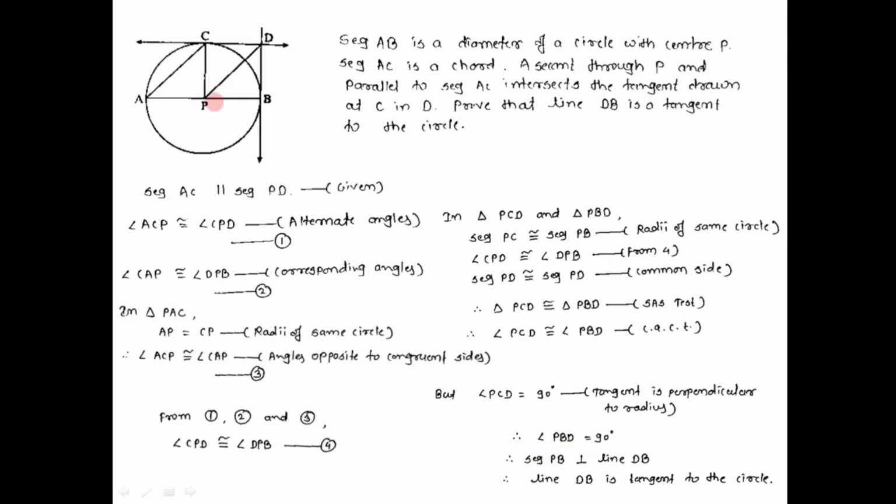That means segment PB is perpendicular to line DB, and here PB is a radius, and line DB touches the circle at only one point, that is at point B. If a radius is perpendicular to a line which touches the circle at only one point, then we can conclude that line must be a tangent. So that's why line DB is also tangent to the circle. That is what we wanted to prove: line DB is a tangent to the circle.